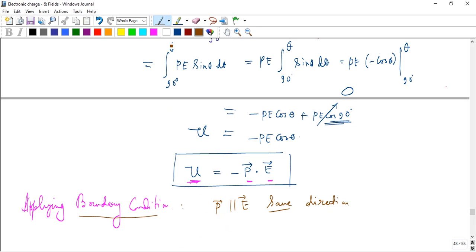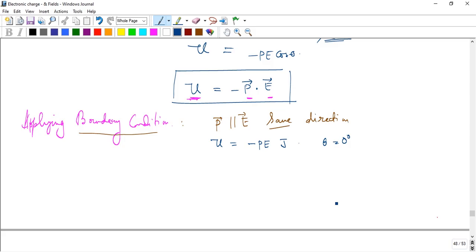So we get U equal to minus PE cos 0, which is 1, so U is equal to minus PE joule. So theta is equal to 0 degrees.